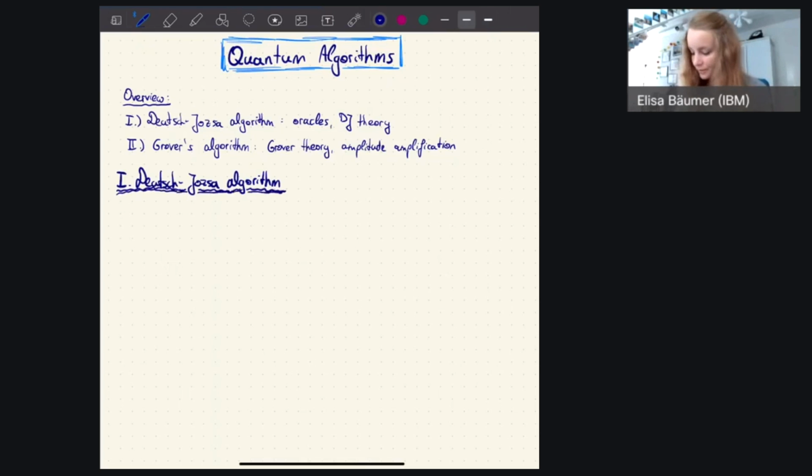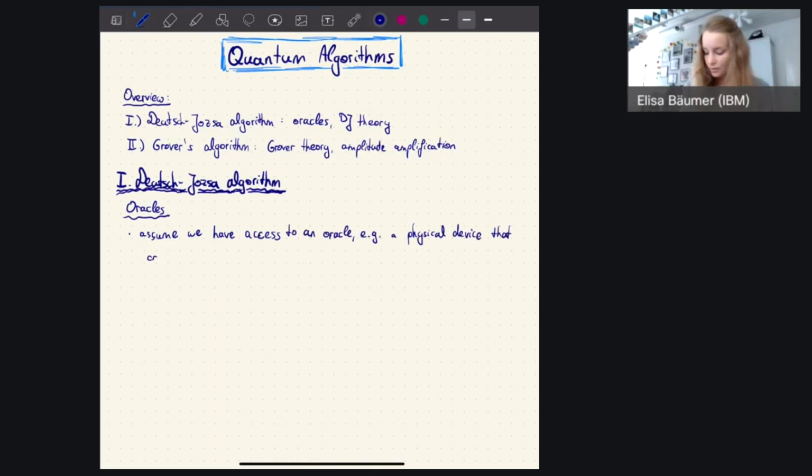Okay, so as I mentioned before, the first thing I need to introduce for that are what we call oracles. Oracles are basically some assumption that we make. So we assume that we have access to something that we call an oracle, which is just some kind of physical device in which we cannot look inside, so we don't know how it works.